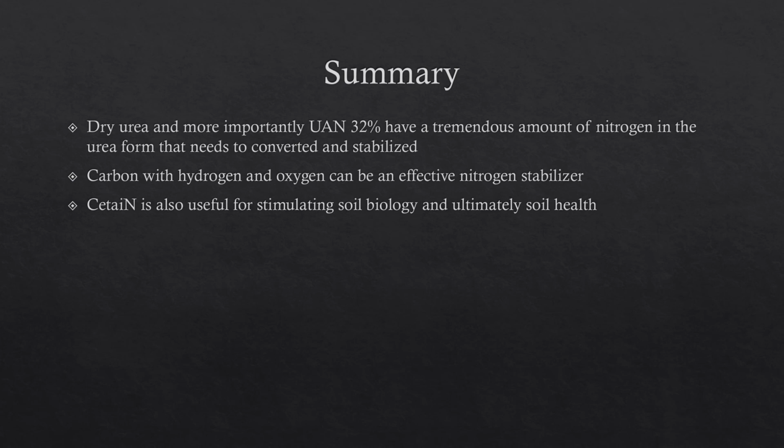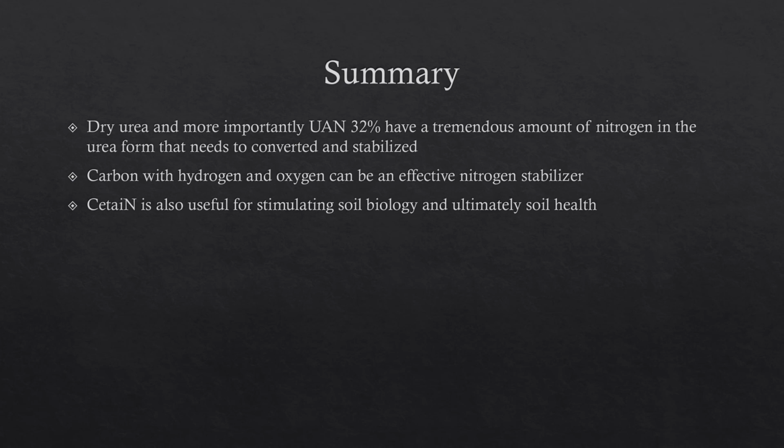Plus, when all those things are used up, when the hydrogen and oxygen is used up and the plant uses up the ammonium or nitrate that's attached to the carbon, what's left is food grade carbon for the biology in the soil. So now we can feed the biology with what's left behind.